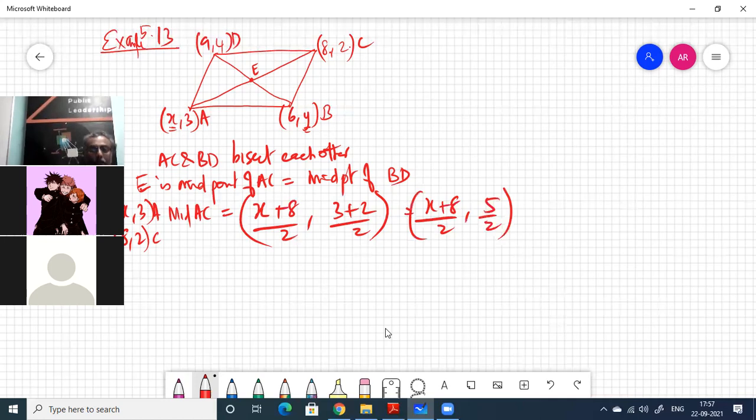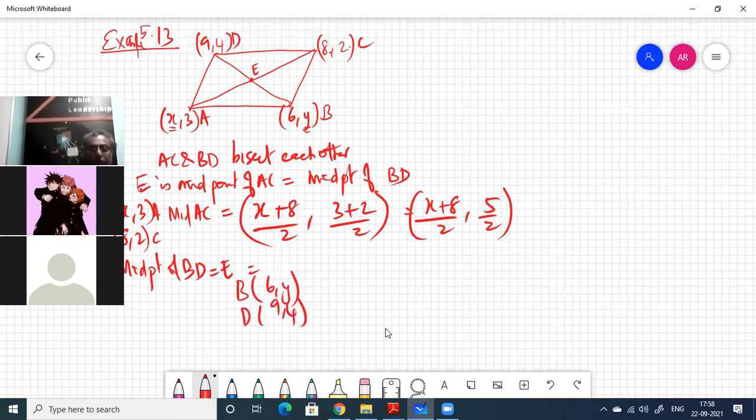Now again, take the midpoint of BD. That is also E. B is 6 comma y and D is 9 comma 4.